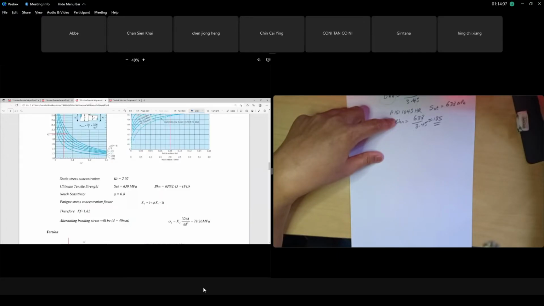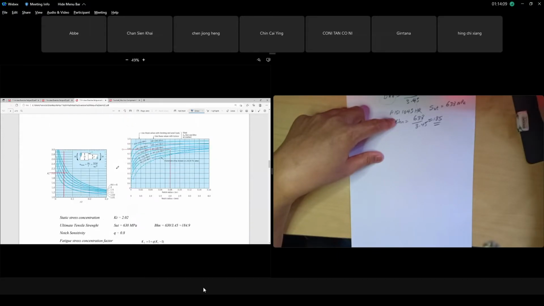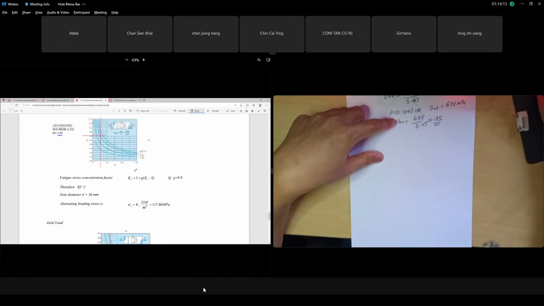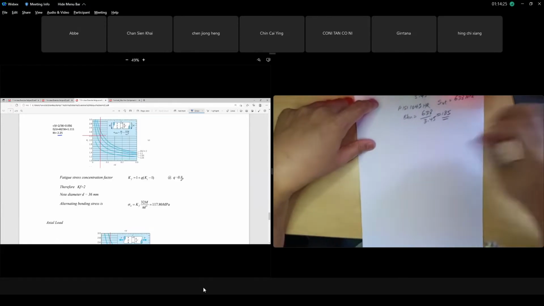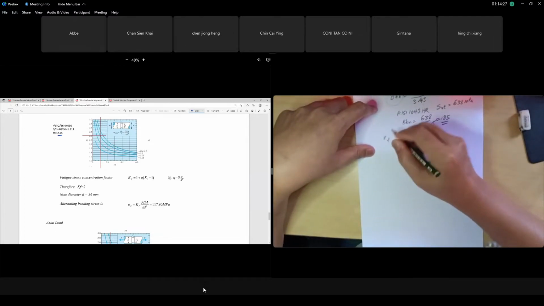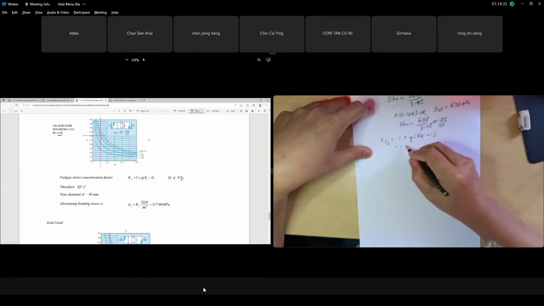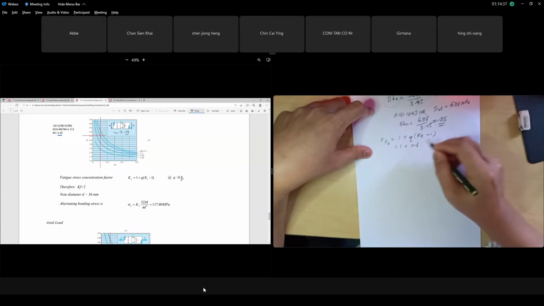So okay, let's put on the shoulder. What is our KF for bending? This is for the shoulder. I'm talking about the groove first. For the groove, Q is 0.8. So our Q is 0.8. Our KF for bending is 1 plus Q times KT minus 1. So equals 1 plus 0.8 times KT, which was 2.25, minus 1.